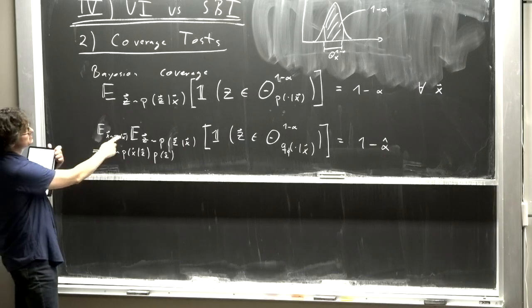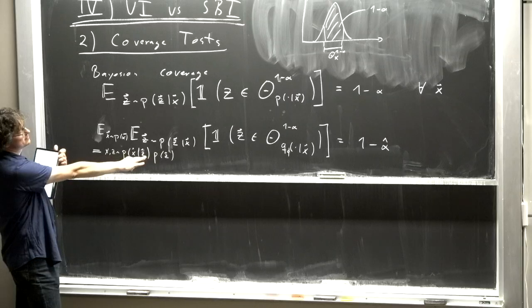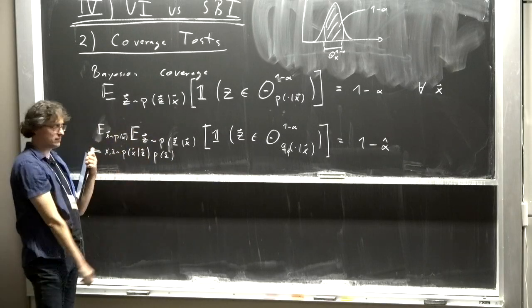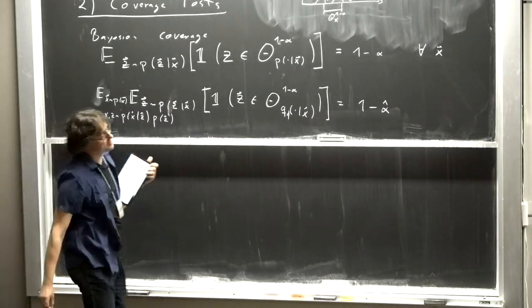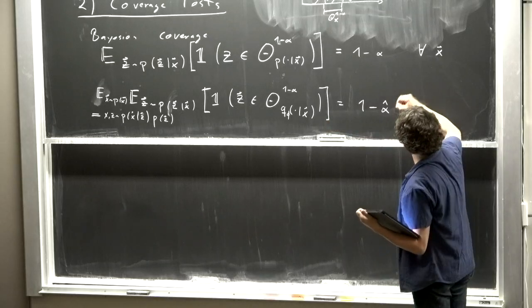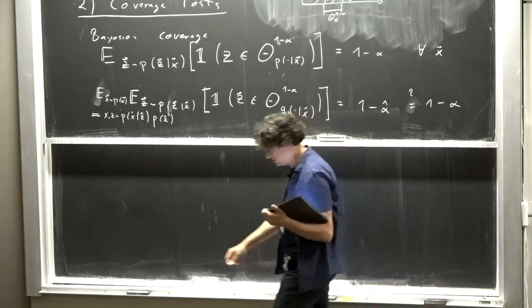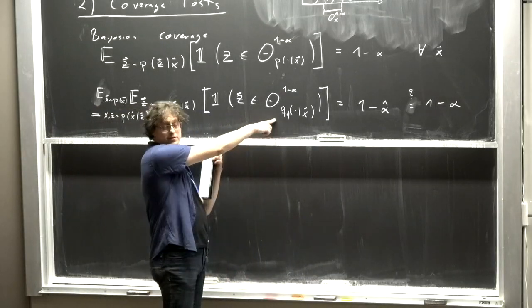So now this statement here is a quantity that is averaged over x rather than something for a specific value of x. But what we now could check is whether, at least on average, this coverage is true. So whether on average this here equals the nominal value that I used when generating the interval.